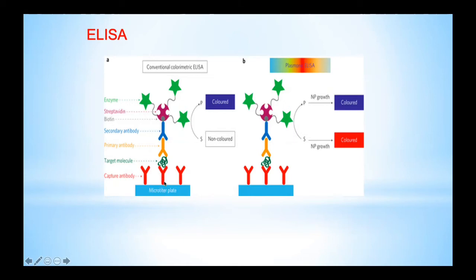The purpose of the capture antibody is to catch the antigen or any target molecule that passes through here. And we have another set of antibody which is attached to a marker. The marker can be an enzyme, nanoparticles, or any other suitable markers for electrochemical and optical techniques.